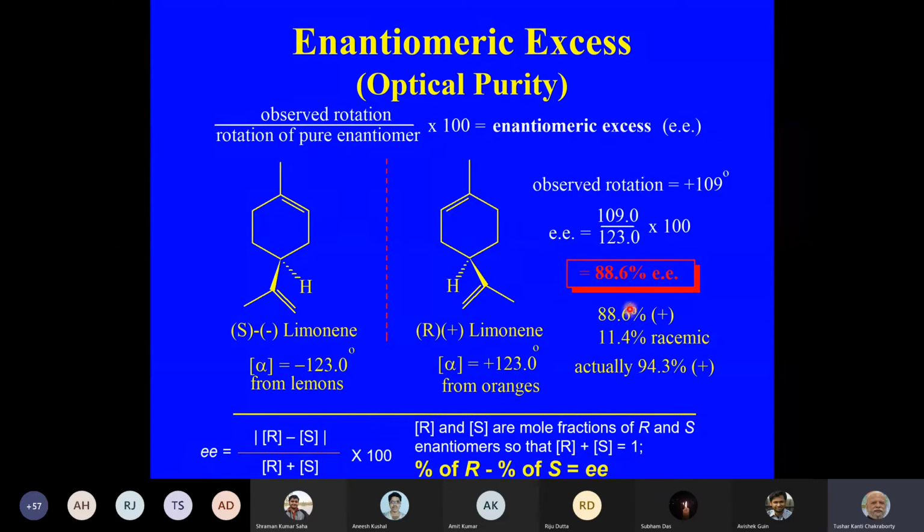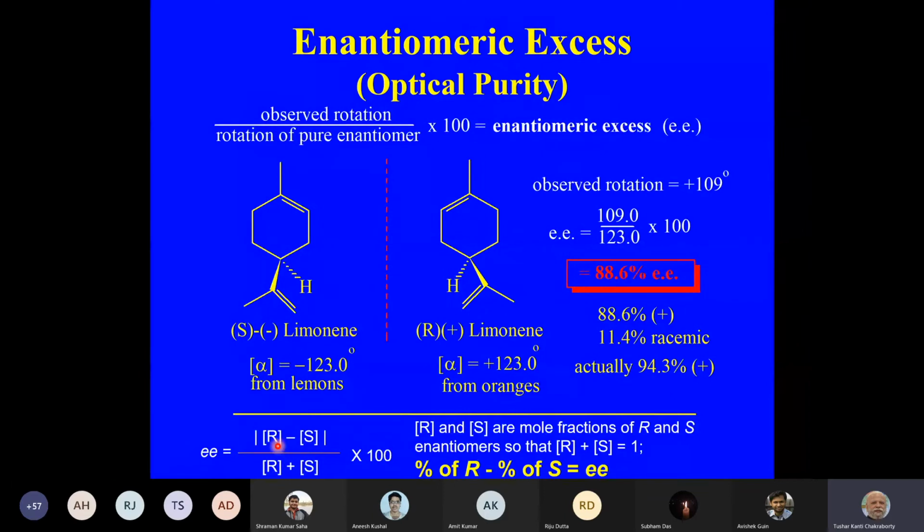So only 88.6% is showing the specific rotation, and that is why it has come down to 109. And that racemic portion also has half of the portion plus and half of the portion minus. So the actual total amount of plus will be whatever it is, I am not able to see the number, 99 point something, 96 point something. The remaining portion will be the minus portion.